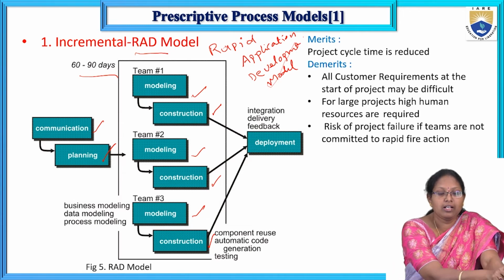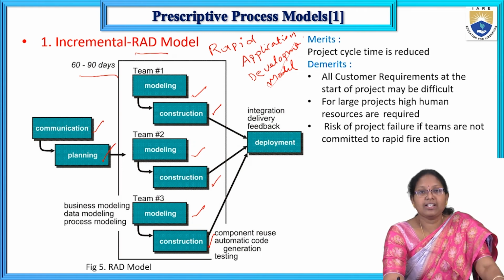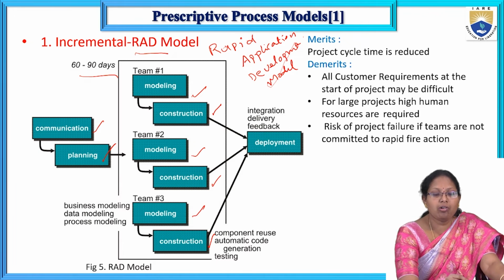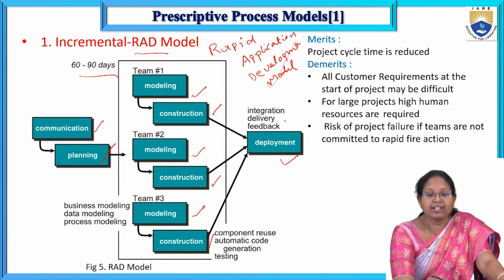Once communication and planning are over, the modeling and construction go on for different modules. Once all the tasks are complete, only then the deployment process goes on: integration, delivery and feedback. That is the rapid application development.